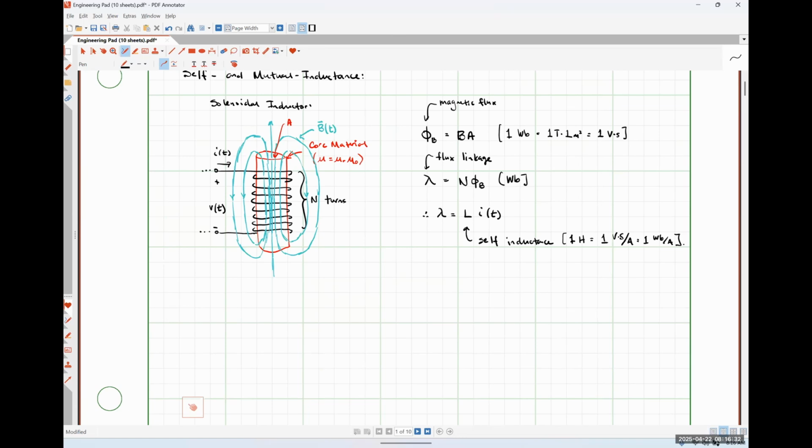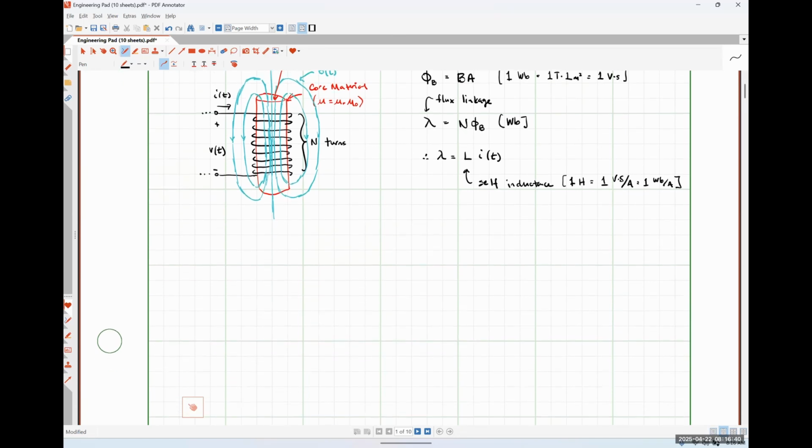And lastly here, according to Faraday's law of electromagnetic induction, we can induce a voltage across our coil, and our voltage V of t is simply going to be the derivative of the flux linkage with respect to time.